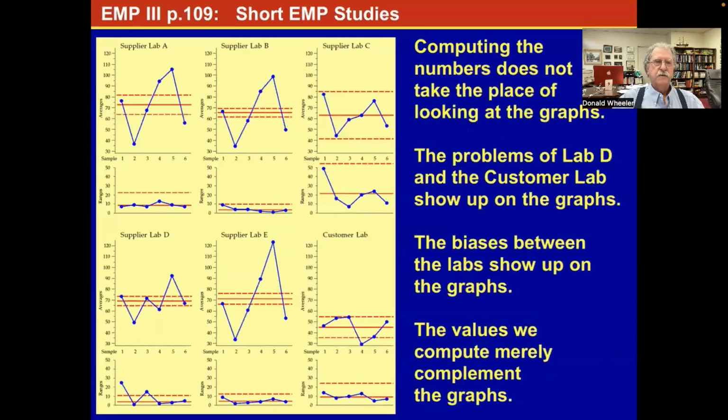Computing the numbers does not take the place of looking at the graph. The problems of lab C and D and the customer lab show up on the graphs. The biases between the labs show up on the graphs. The values we compute merely complement the graphs.